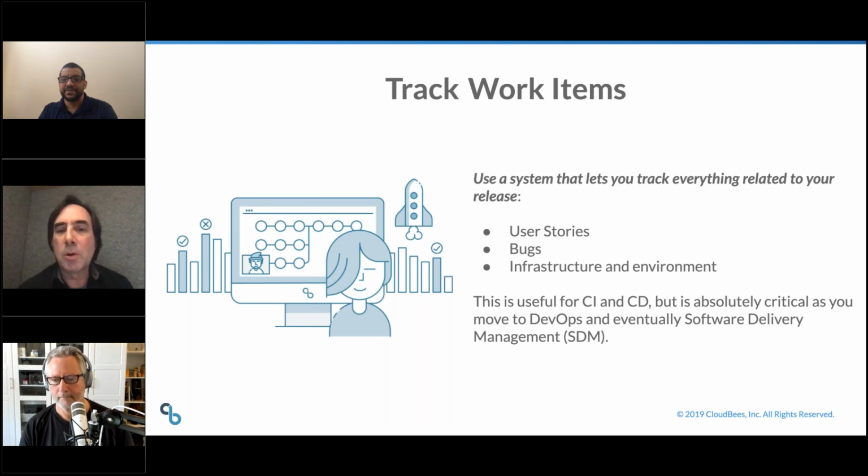This is really crucial for CI and CD as you move forward to DevOps and eventually SDM. I do want to stress this should be a tool accessible to everyone, something like Jira, which I'm sure many of you are using. This should not be an Excel spreadsheet. This should not be Post-it notes stuck to the side of your monitor.